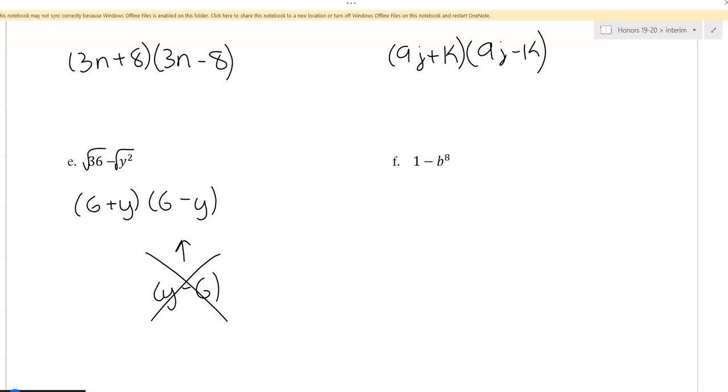If I have b to the 6th, it's b to the 3rd. So if I have b to the 8th and I square root it, that's b to the 4th. It makes sense if we think about the opposite direction. When we multiply, remember we add our exponents. So b to the 4th times b to the 4th gives me b to the 8th.